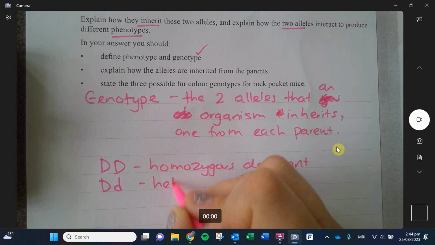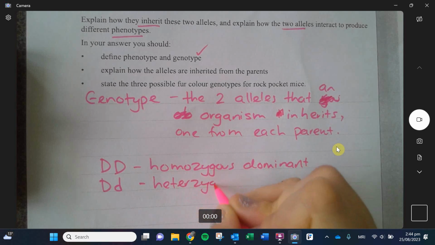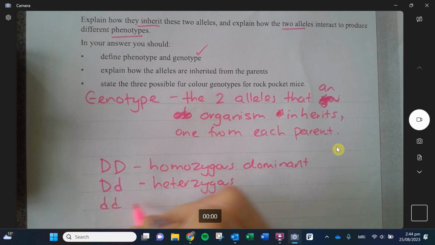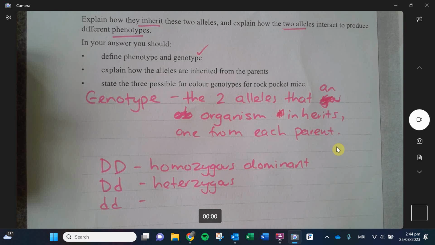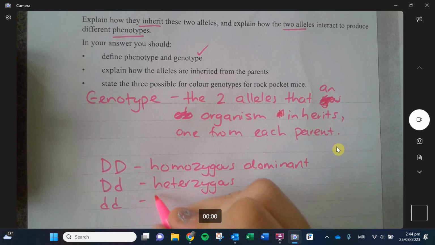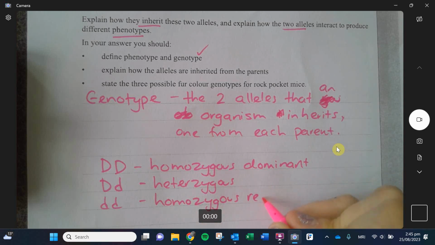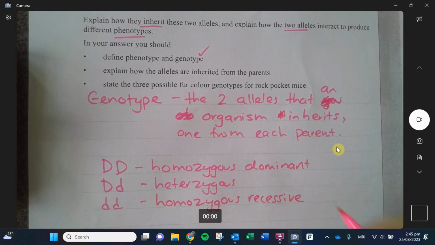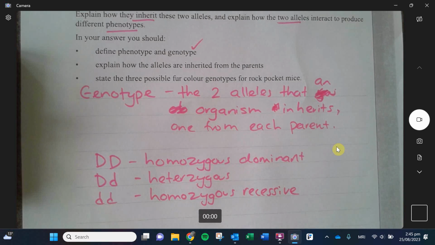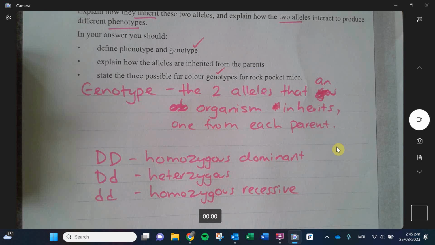Heterozygous, good. And then little d, little d? Homozygous recessive. So homo means the same. Think homosexual, heterosexual, same or different. All right, so we've gotten the 3 possible genotypes. Done that bit. Cool.